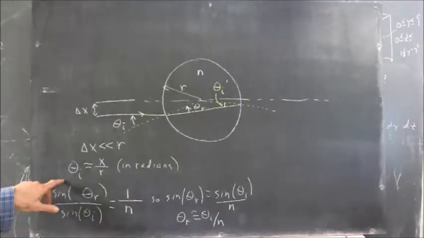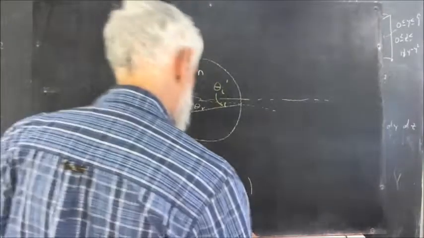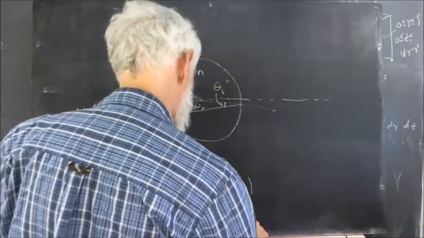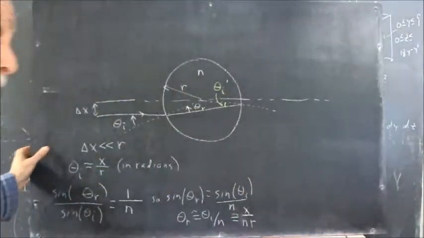Now, of course, theta sub I is approximately equal to x over r, so that theta sub r is approximately equal to x over n times r.